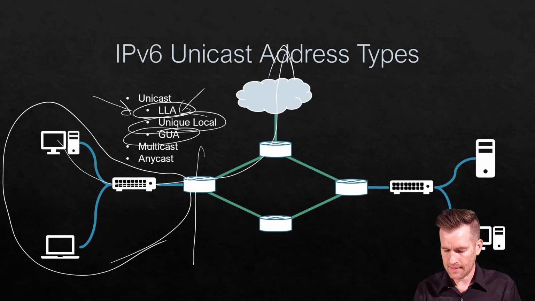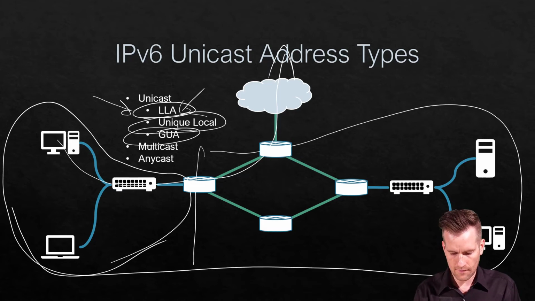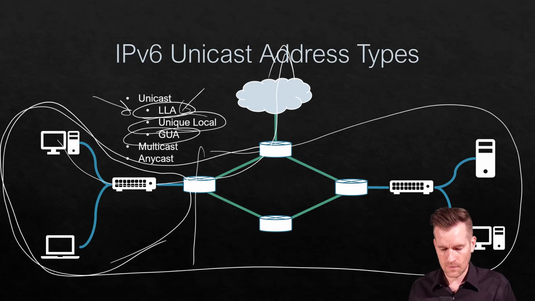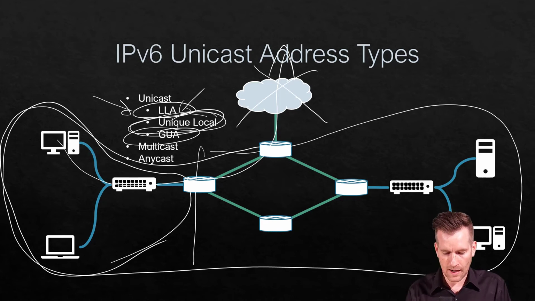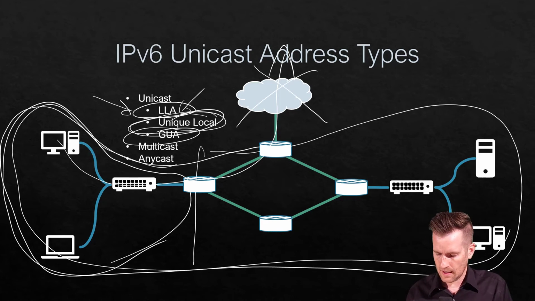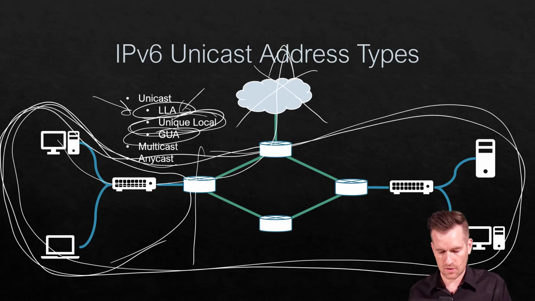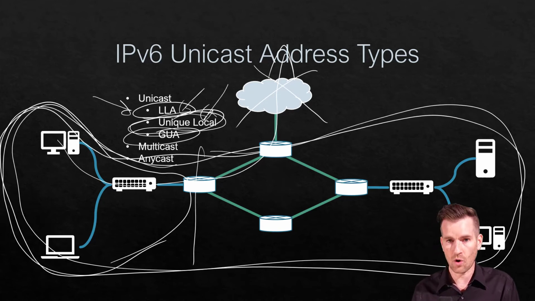So let's say this is all some privately owned network right here. The unique local address cannot be sent out to the internet. It's not routable back to this network at all, but it can be routed within this private network right here. So that is a unique local address.